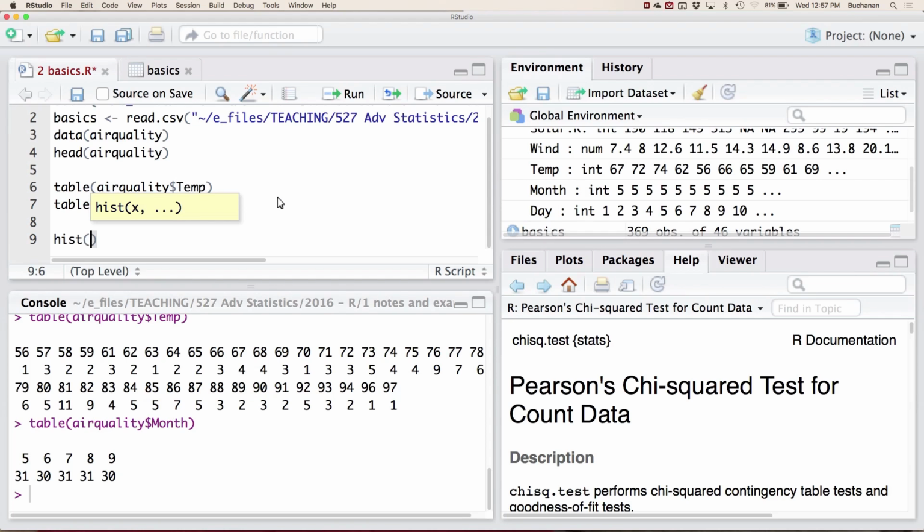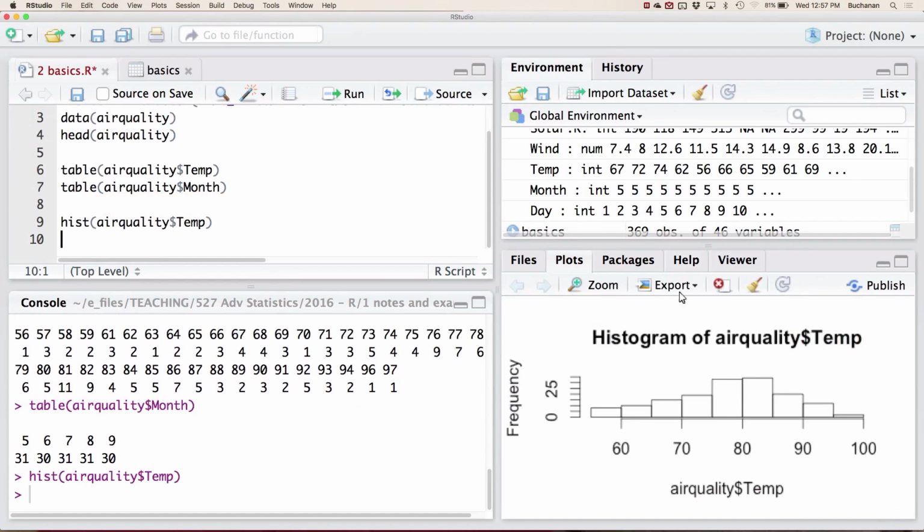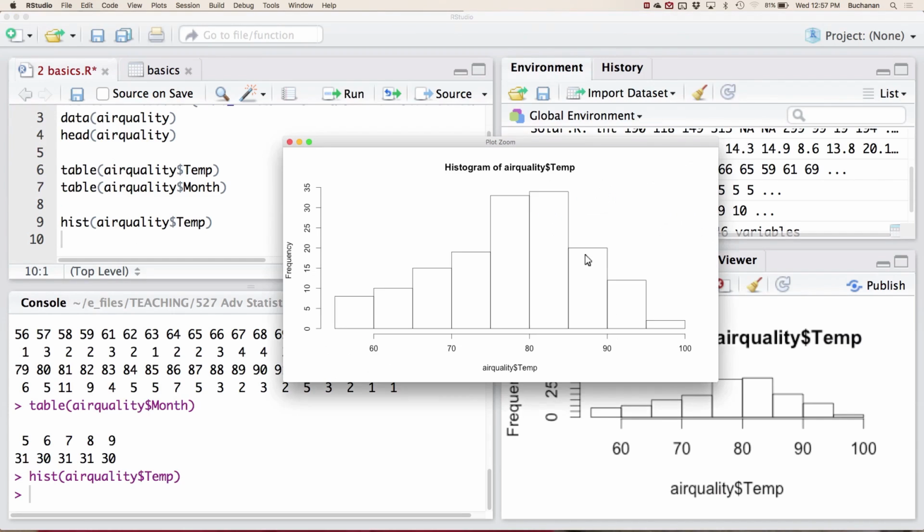There's another function called histogram, but it's hidden in a package you don't always have open. So use hist. So it's airquality, let's do temperature again. And I'm going to leave off bin width for a second. Okay, that's the real problem. What is that?